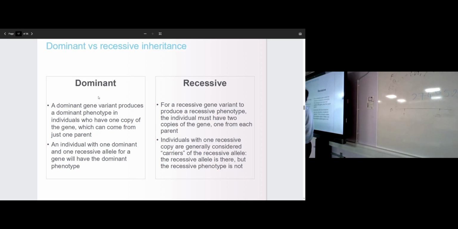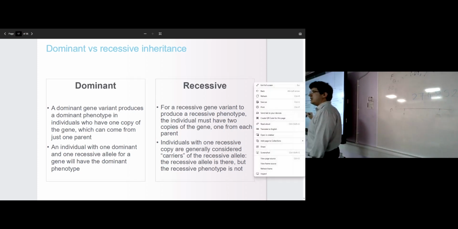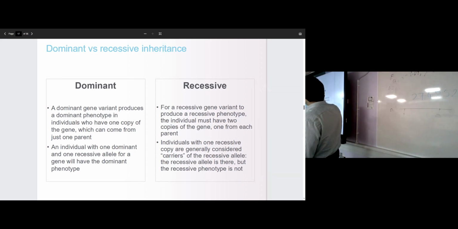If for the same gene I have two different versions, one version is red hair and one version is black hair, the dominant character or the dominant phenotype is the one that only needs one of the two copies that we've inherited for it to be expressed. Okay? Whereas recessive, in this case with the hair color, red hair is a recessive trait because you need both copies of the hair gene for it to be expressed.